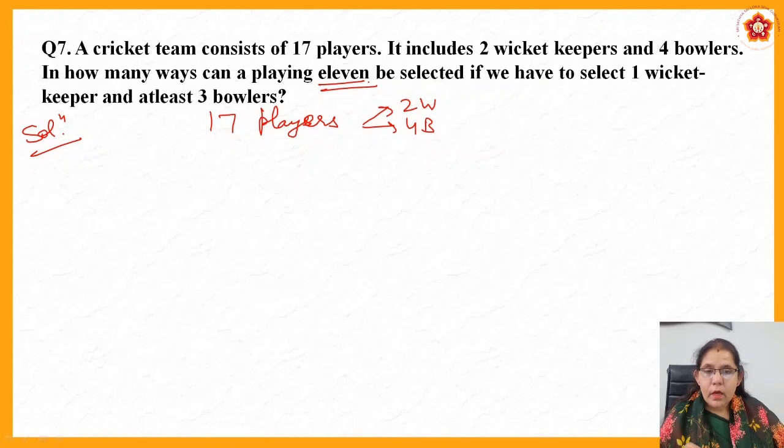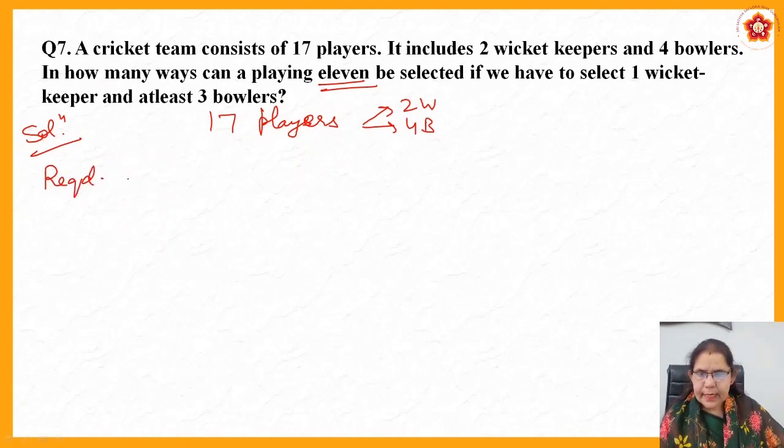But we have to form a team of 11. So in how many ways can a playing 11 be selected, if we have to select 1 wicket keeper and at least 3 bowlers? So let's see directly. Required number of ways.